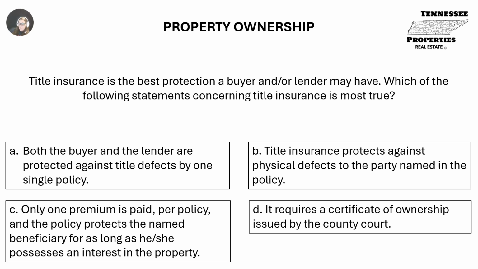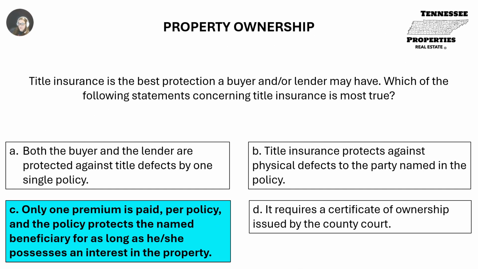C, only one premium is paid per policy, and the policy protects the named beneficiary as long as he or she possesses an interest in the property. D, it requires a certificate of ownership issued by the county court. C, only one premium is paid per policy, and the policy protects the named beneficiary as long as he or she possesses an interest in the property.